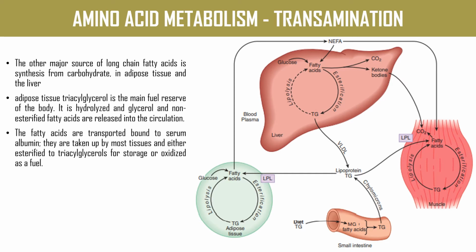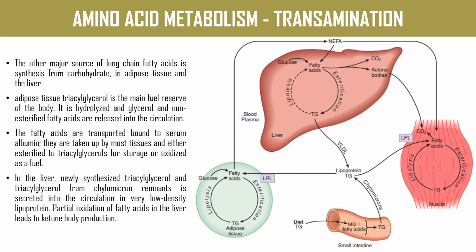They are taken up by most tissue and either esterified to triacylglycerols for storage or oxidized as fuel. In the liver, newly synthesized triacylglycerol and triacylglycerol from the chylomicron remnant is secreted into the circulation in very low density lipoprotein. Partial oxidation of fatty acid in the liver leads to the ketone body production.